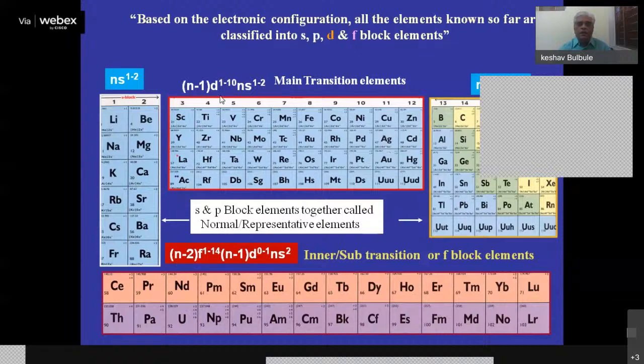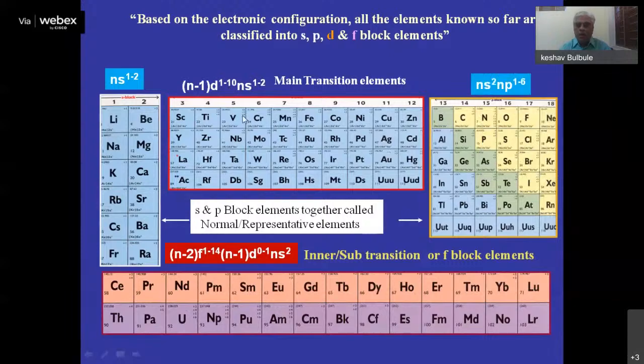In the previous case, as the atomic number increased, the added electron was entering into the inner d subshell, and in these elements, as the atomic number increases from cerium to lutetium, from thorium to lawrencium, the added electron is a little more buried, entering into the innermost f subshell, keeping the outer d subshell and s subshell practically constant.